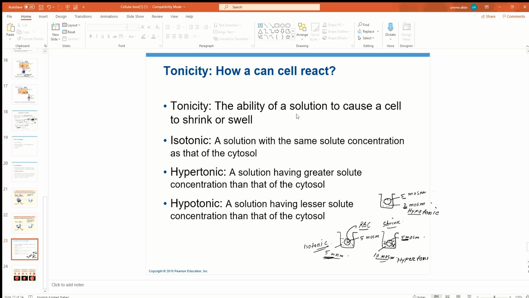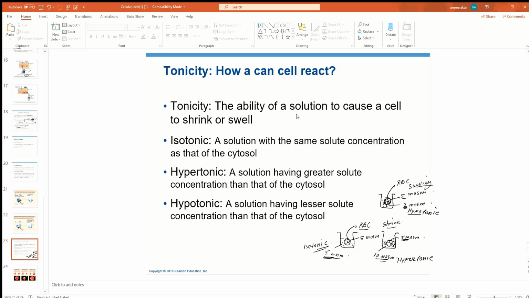Makes sense? More. So in this case, always the rule is the same. Water will move from low to high. So water will move from the solution into the red blood cell. So what will happen? The red blood cell will get bigger, swelling, or even may burst. Swelling of the cell, and if it continues, the rupture can also occur, right?